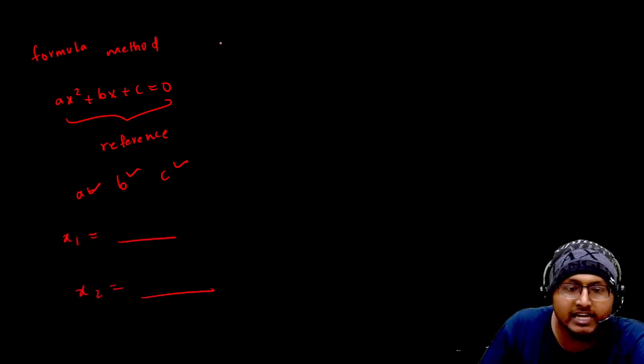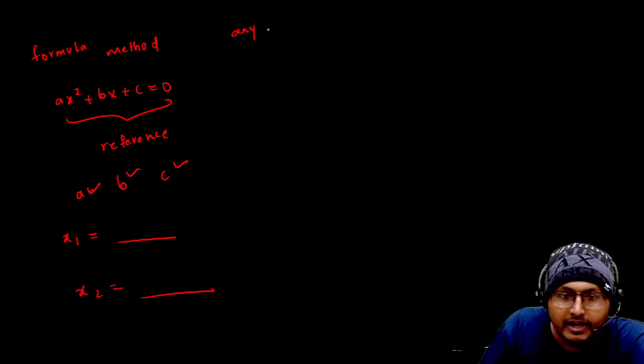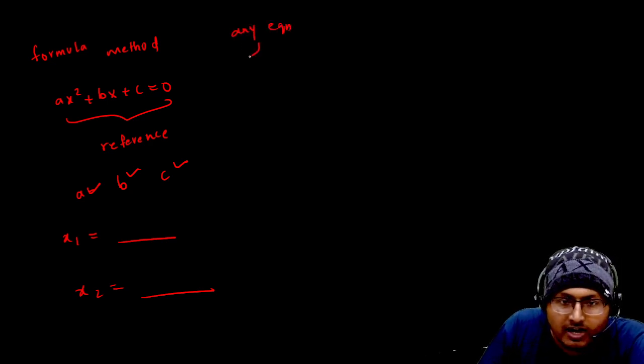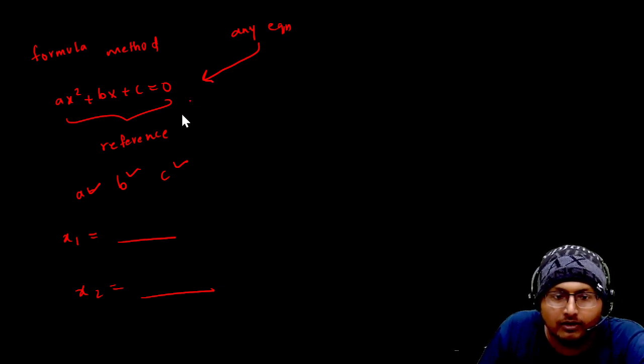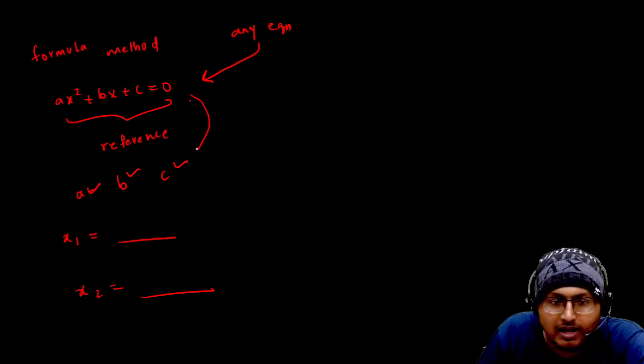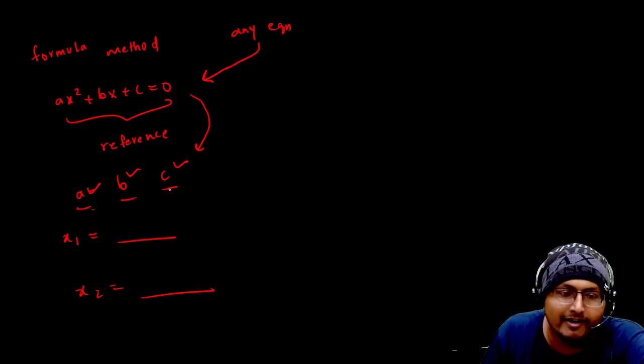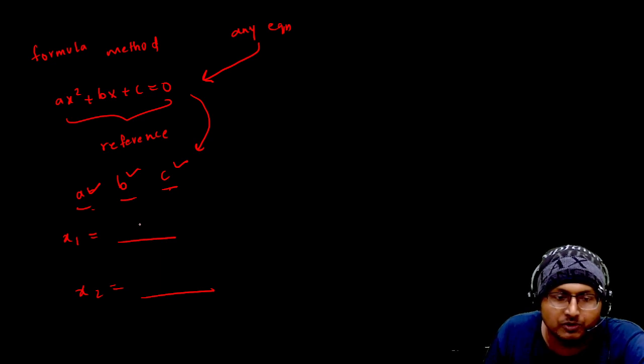That is the reason why, whatever equation they have given, first you have to bring it into standard form, and then compare with this standard form and find out the values of a, b and c. If you know the a, b and c values, then these values should be substituted in some formula.